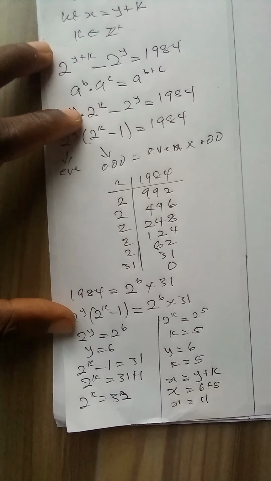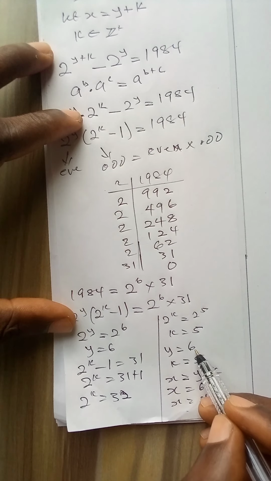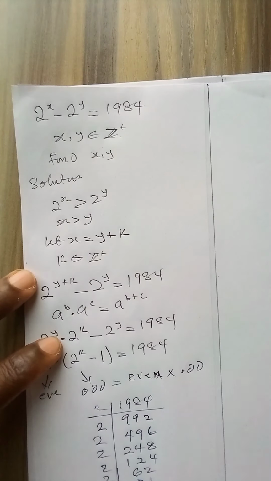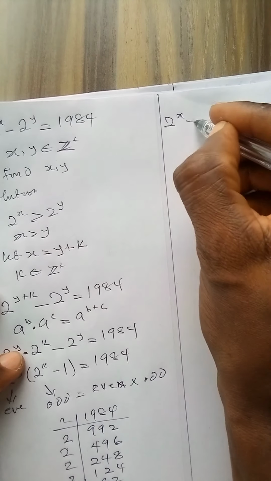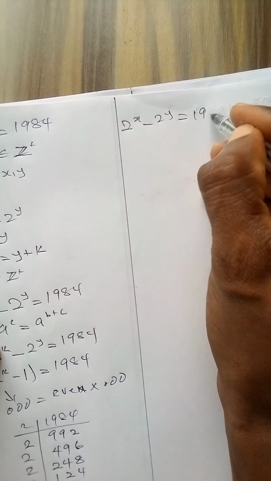Let us back substitute the values of x and y into the original equation and see if we are going to get 1984. So I have 2^x − 2^y equals 1984.